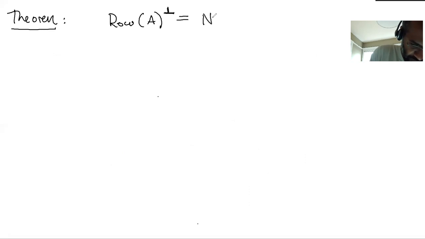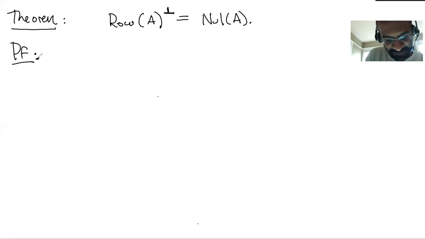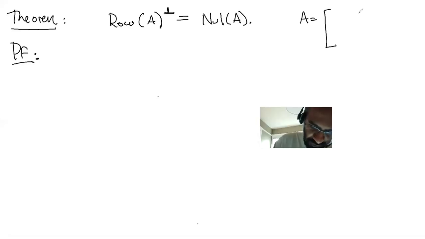So theorem: the row space, its orthogonal complement is equal to the null space. Okay, so the proof is very simple. We'll just follow the definitions. Remember, we have our matrix that it will be beneficial to view as a collection of M rows.